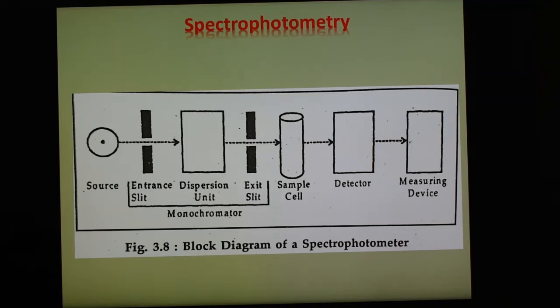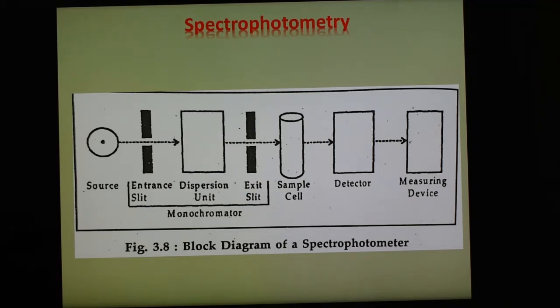And the fourth component is a detector. There are low cost spectrophotometers and high cost spectrophotometers. In a low cost spectrophotometer, a simple phototube is used as a detector, while in a costly instrument, a photomultiplier tube is used.